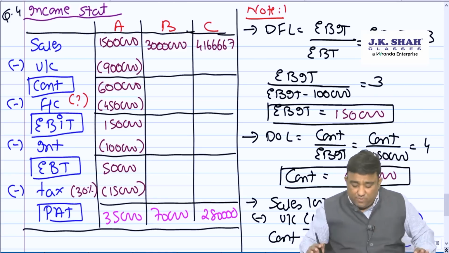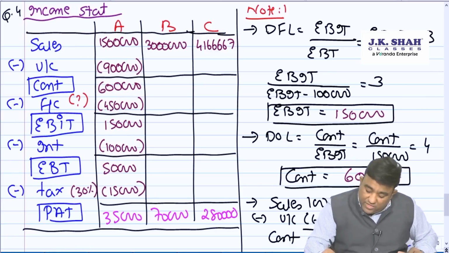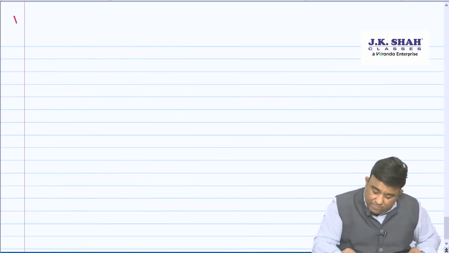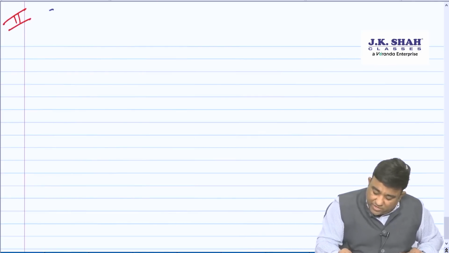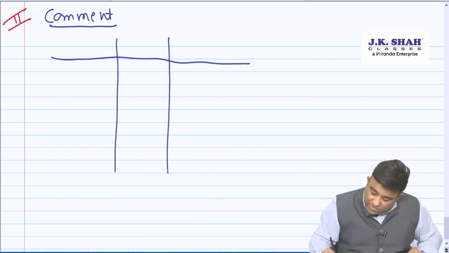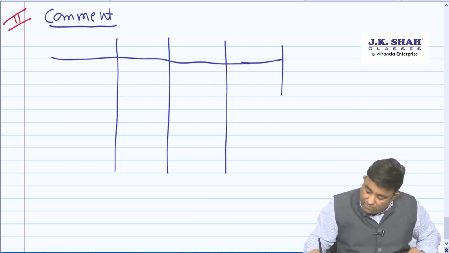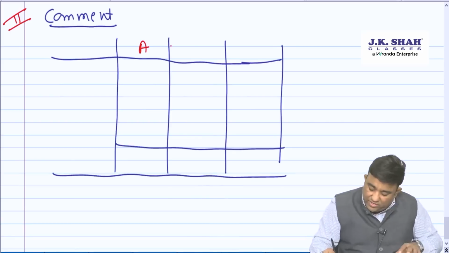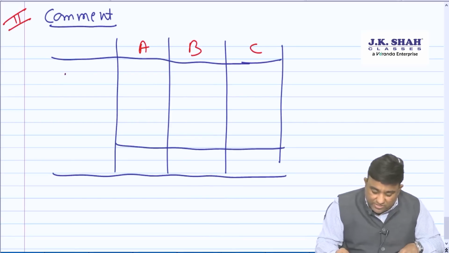Now this is very simple. But student, this is your first part. For the second part, they expected some comment on it. So I will obviously say always, for the comment part, always compute DCL by default. Student, there are 3 companies A, B, C. I think you understand.